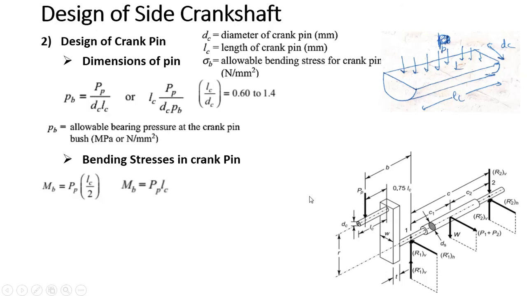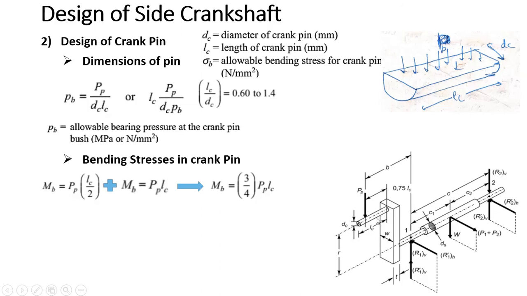Or you can say that this PP is concentrated at the edge of this point, then it will act as a cantilever beam, so PP into LC. So we take the mean of both the cases. When you sum up and divide by 2, that is the mean of these two moments, you will get 3 by 4 PP LC.